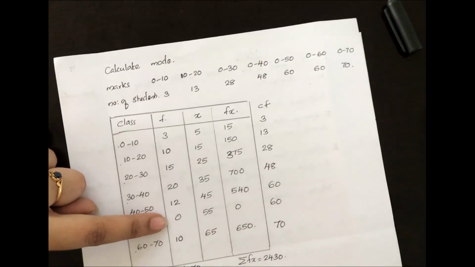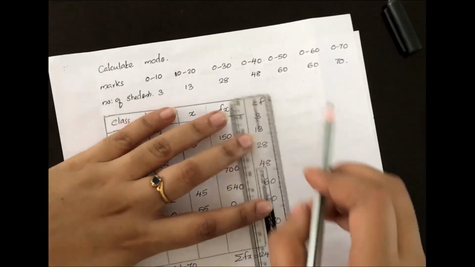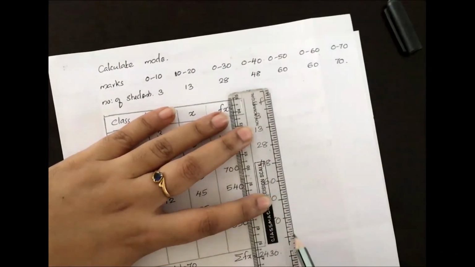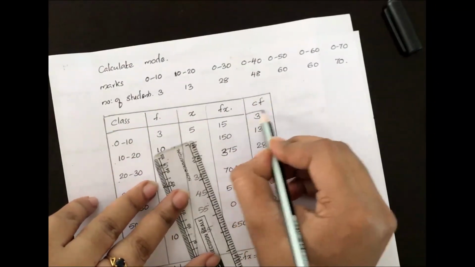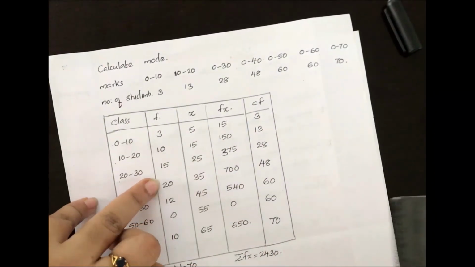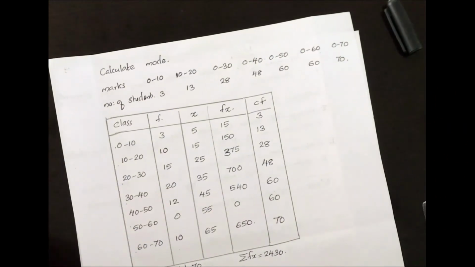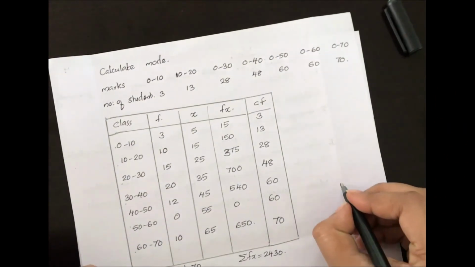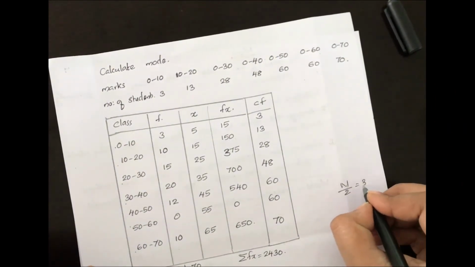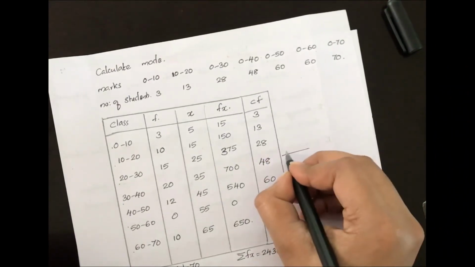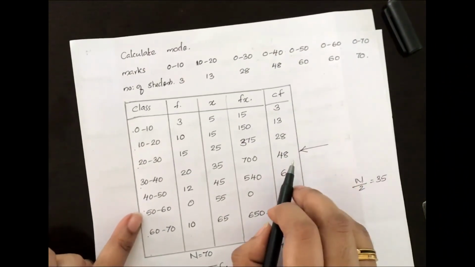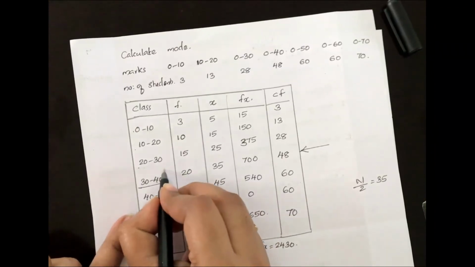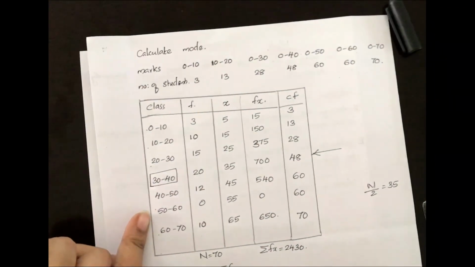I just find the cumulative frequency and include that column to the right hand side of the existing table. Then find n by 2. N by 2 equal to 70 by 2, that is 35. 35 is included first here, and that is our median class. 30 to 40 is our median class.